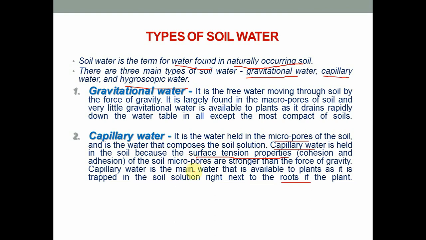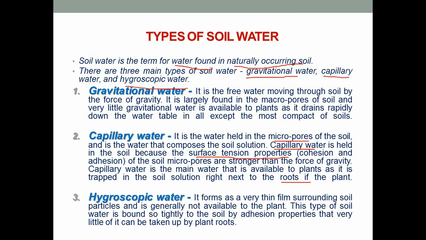So what happens, this capillary water remains suspended in soil right next to the root zone of the plants, the zone where the roots of the plants or the crops reach. So this capillary water is directly available to the plants, and they can take the water from the capillary water.